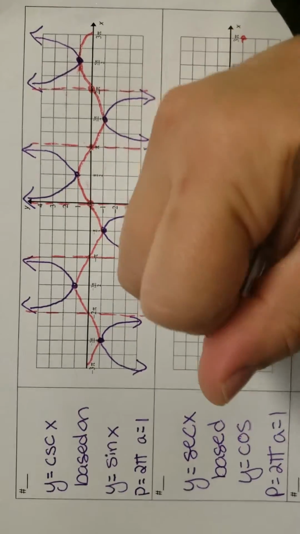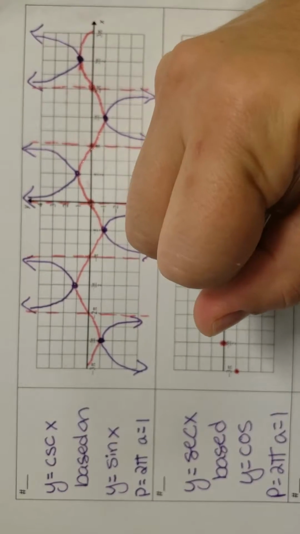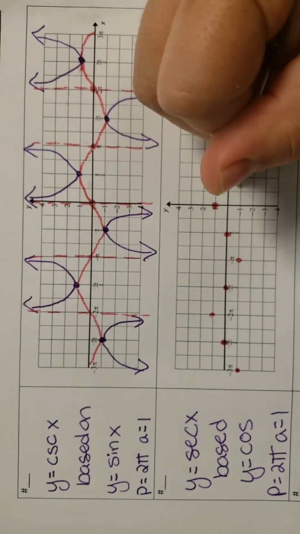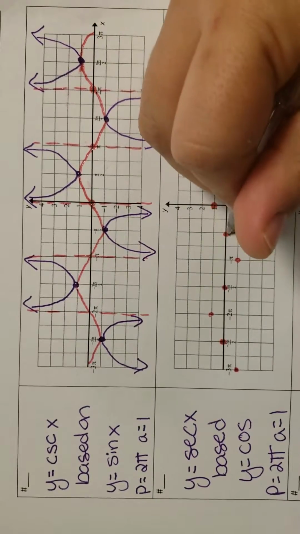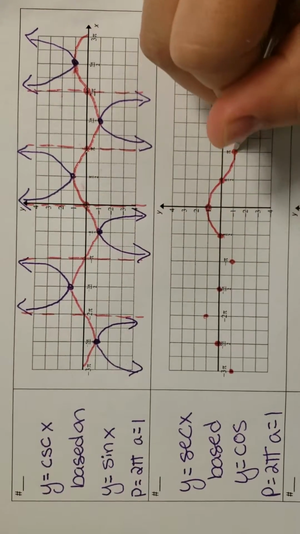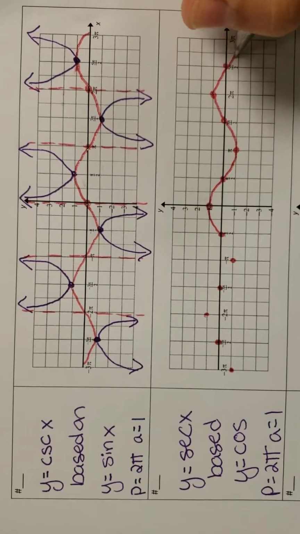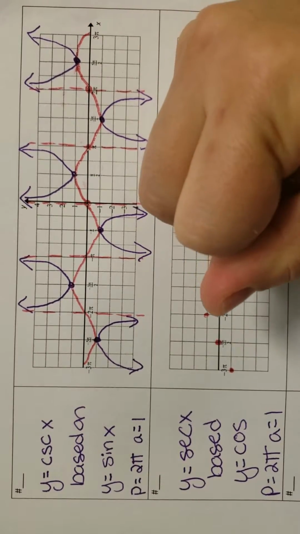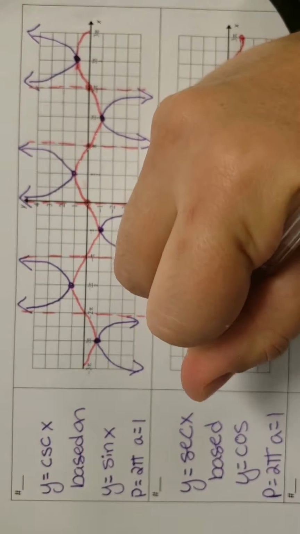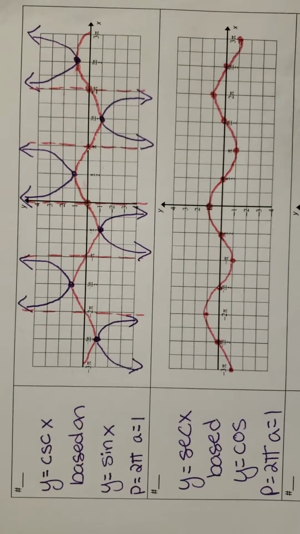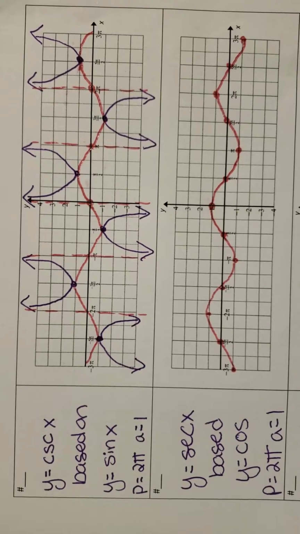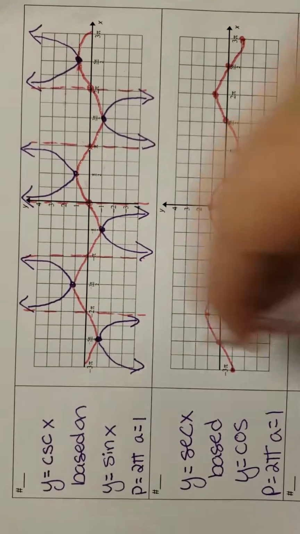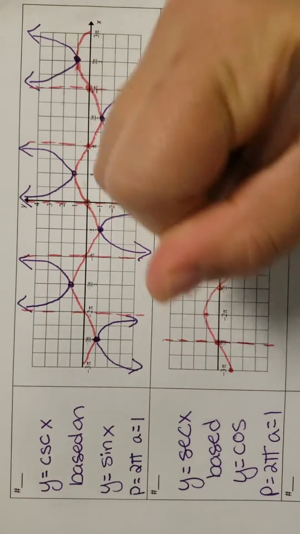All right, so here are our zeros. And we've got our cosine wave. So our method of making our secant graph is exactly the same as what we just did. We'll make an asymptote through all of our zeros.